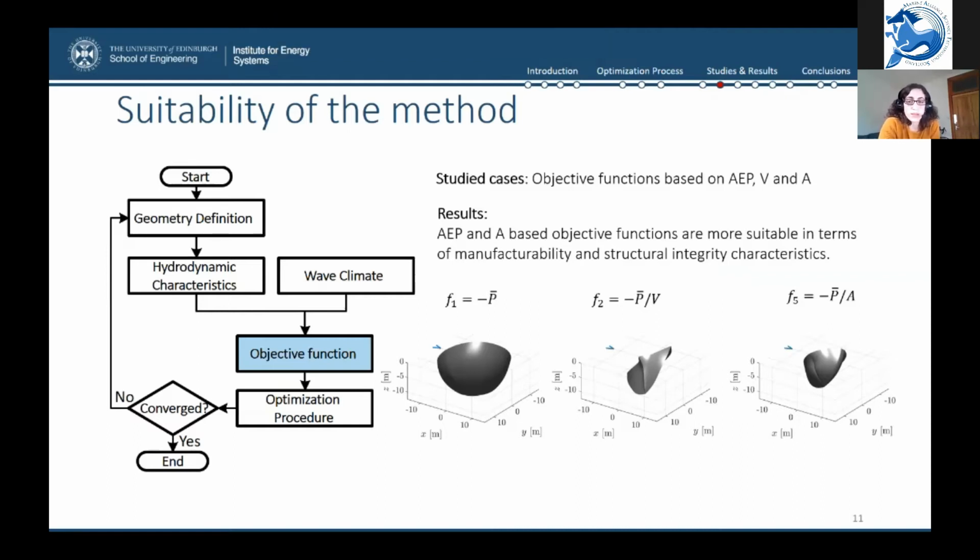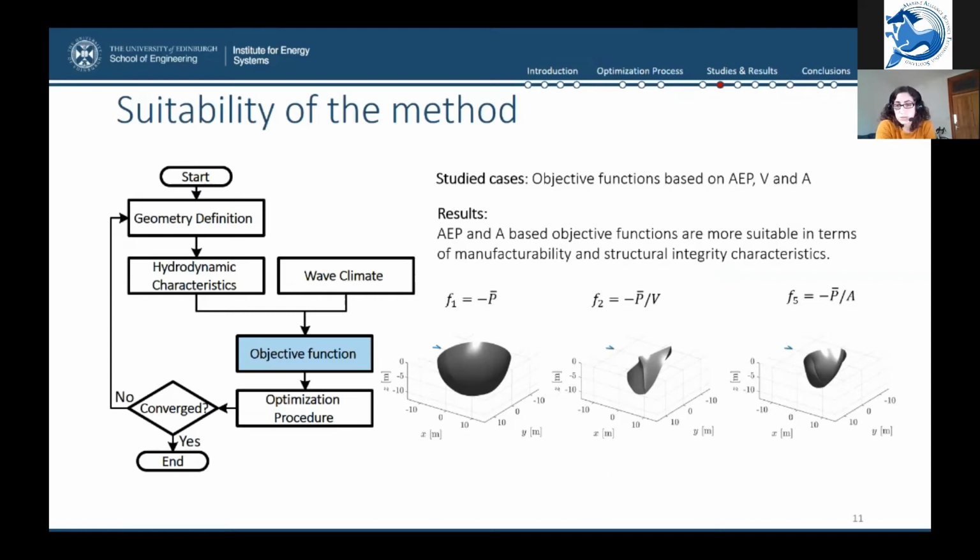However, when using submerged surface area as a proxy for costs, the resulting shapes have larger cross sections and smaller curvatures.